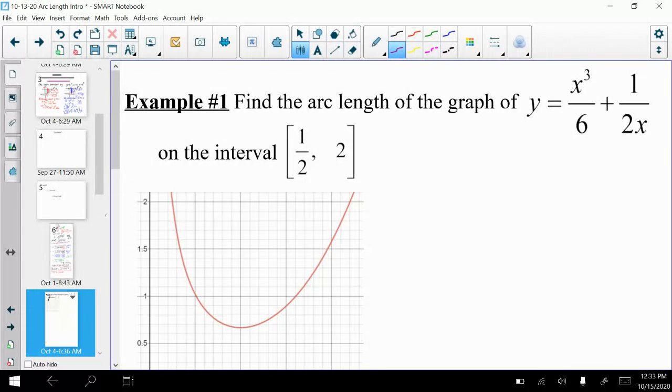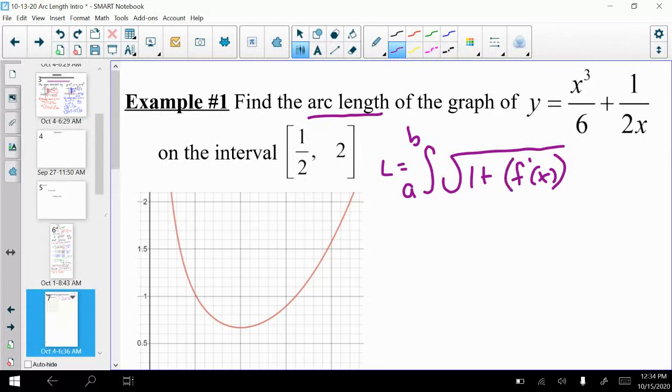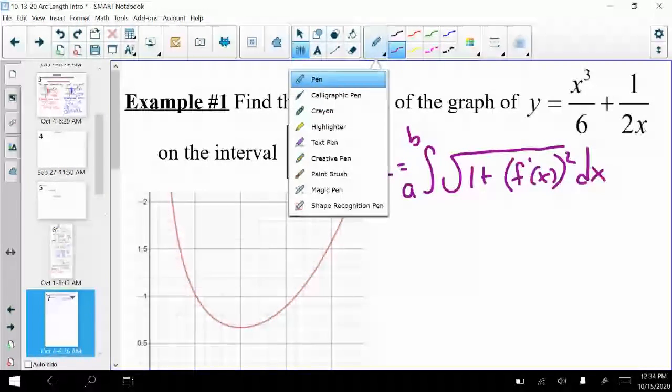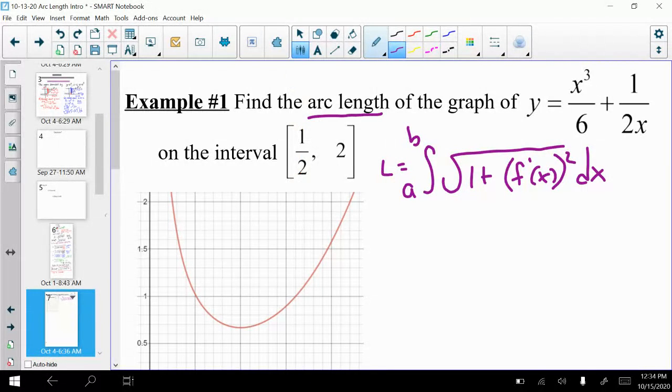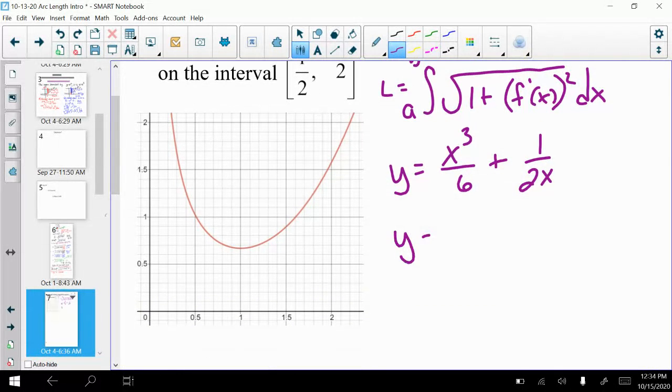So math teacher in me, I see arc length, and I immediately think of my integral, the square root of 1 plus f prime of x squared, dx, okay? And so math teacher in me goes, oh goodness, this is definitely an arc length. I definitely need to find the derivative. So let's change this x cubed over 6 plus 1 over 2x into something that's easier to take the derivative of, as in 1/6 x cubed plus 1/2 x to the -1 power.